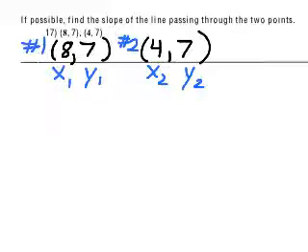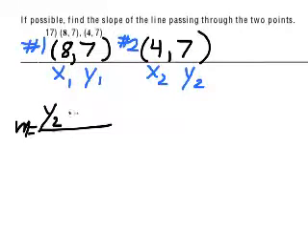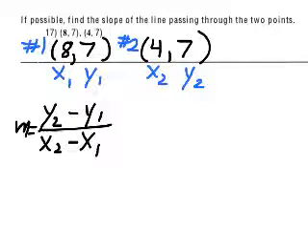And we have m equals y2 minus y1 over x2 minus x1. See, so this is not a complicated formula. It's the difference in the y's, which is the difference in the up and down, and the difference in the x's, which is the difference in the sideways dimension.